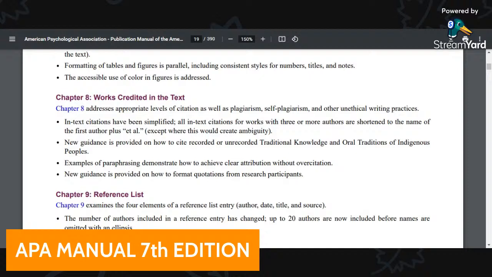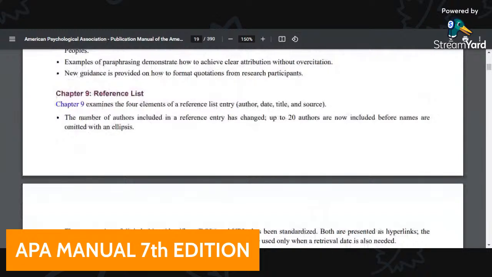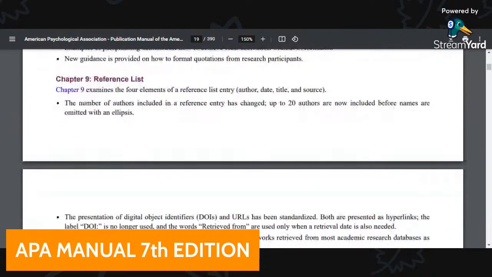New guidance is provided on how to format quotations from research participants. It is also a very important term which is included in this seventh edition manual. The reference list is also given, along with the number of authors included in the reference, and we will talk about it later.